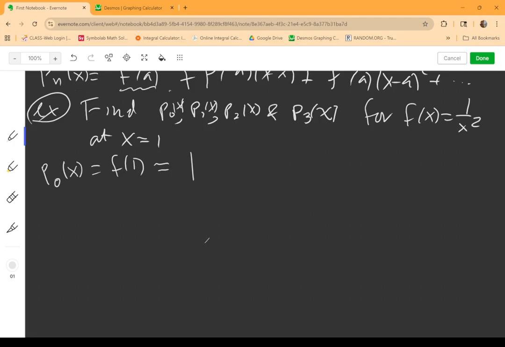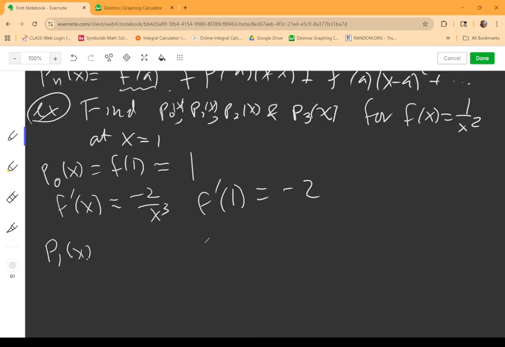Now I want to find the first Taylor polynomial, which involves the first derivative. The first derivative of x to the negative 2 is negative 2 over x cubed. Evaluated at 1, f prime of 1 is negative 2. To build my P1 of x, notice that P1 of x is P0 plus just the next term, f prime of 1 over 1 factorial times x minus 1.